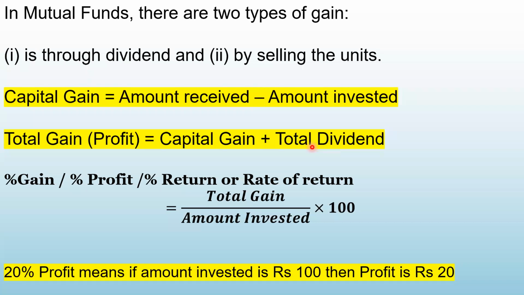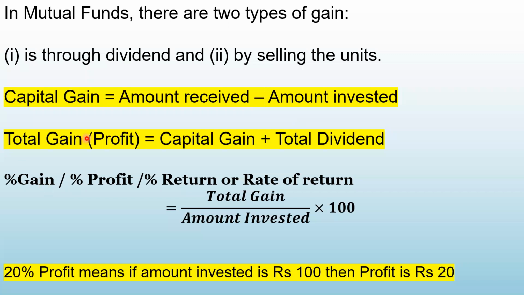So there is no dividend in that case. So total gain will be just the capital gain. As the case may be, you can find out the total. So total gain is actually total dividend plus the capital gain. Capital gain meaning how much amount is received, from that you subtract what is the amount invested.